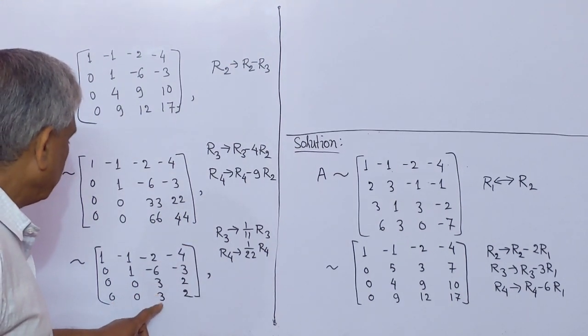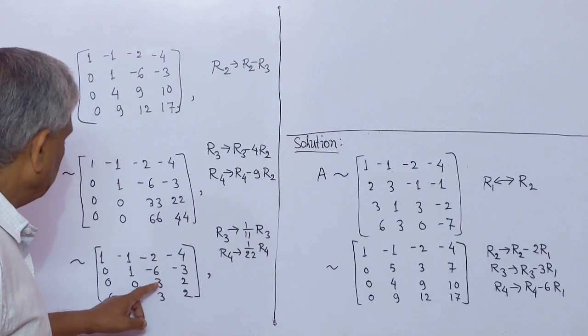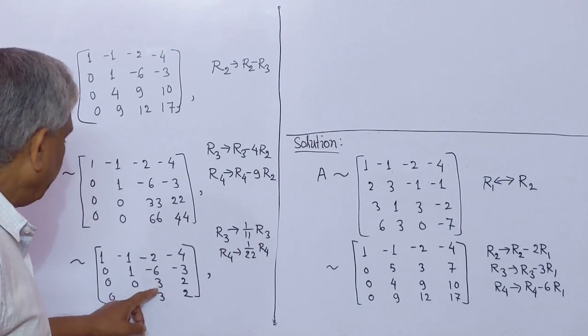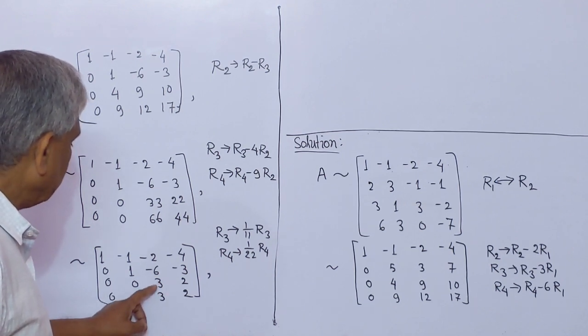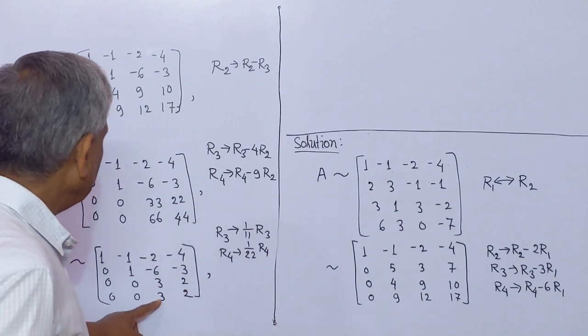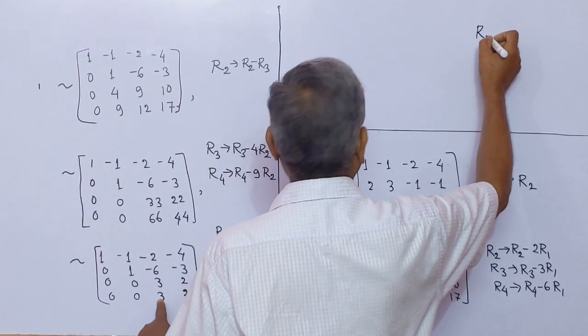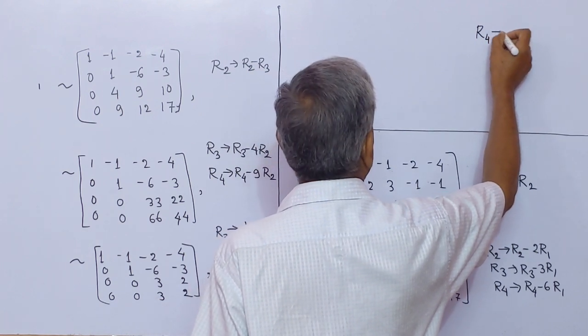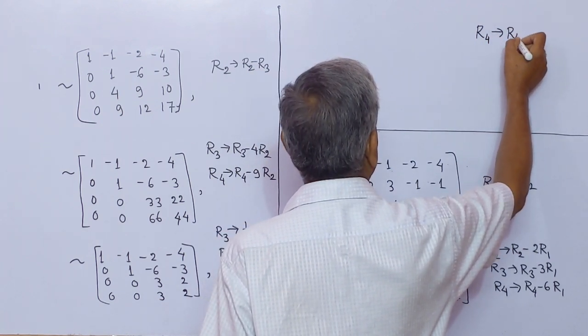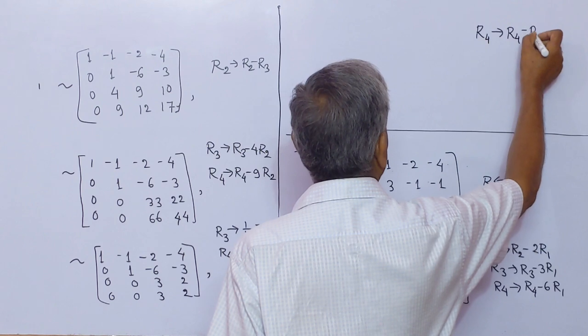To make here 0, here 3 minus 3, equal to 0. So we use the elementary transformation R4 in place of R4, R4 minus R3.